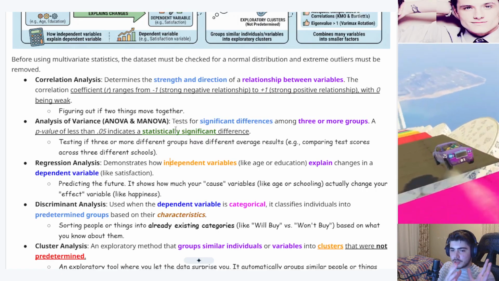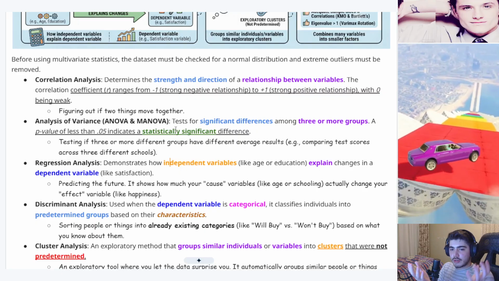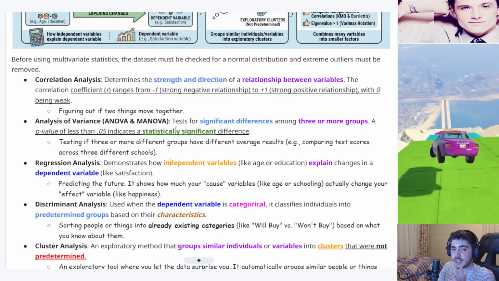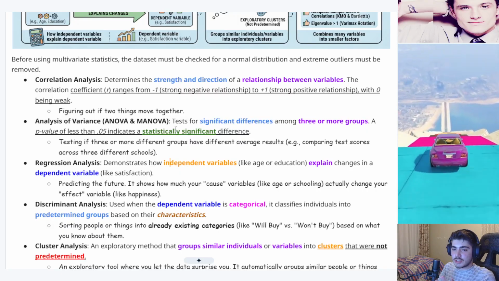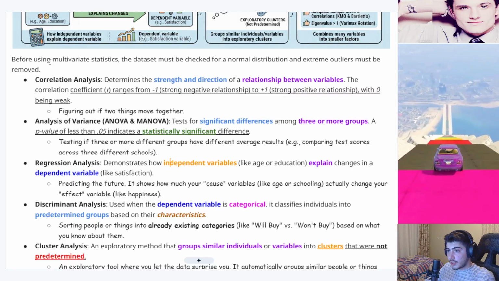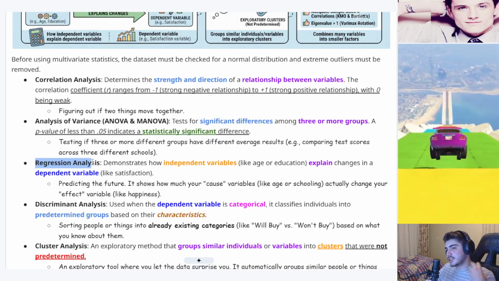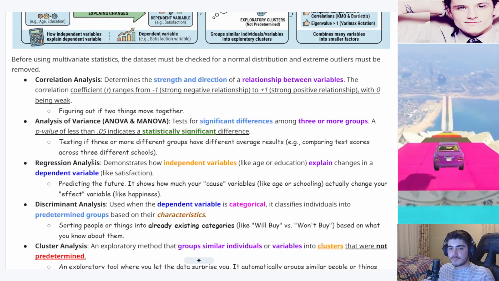So you can only say that there's a correlation between them, but you cannot tell if there is an actual cause and effect relationship with a correlation analysis. So you have to do a regression analysis to actually see that cause and effect.